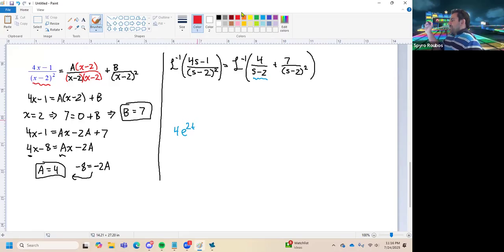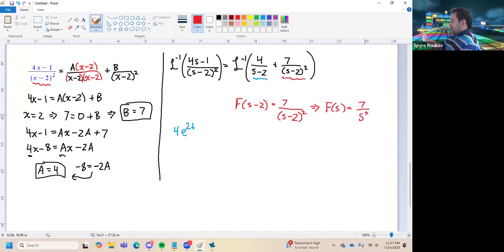Fine. This one, on the other hand, we have the first translation theorem, because it's kind of like s squared, but with shifting. If it didn't have the shifting, it would just be 7 over s squared. We know that that's easy. So, since we do have the shifting, we're going to write that, which would mean big F of s is 7 over s squared.